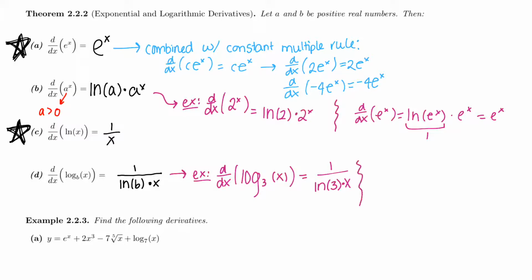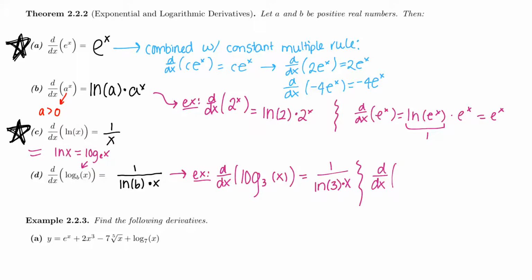And once again, this part C kind of uses part D. So first of all, something to know is that ln of x is equal to log base e of x. So if you use this rule down here, the base is e.